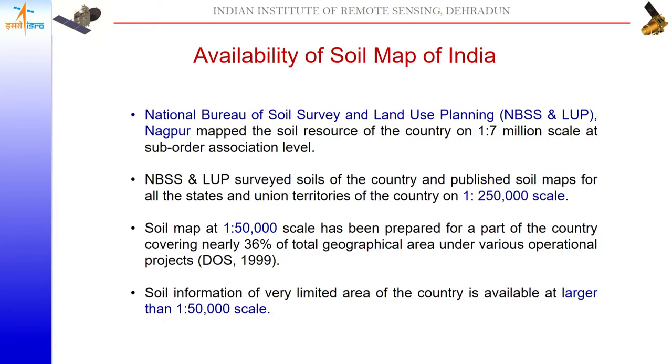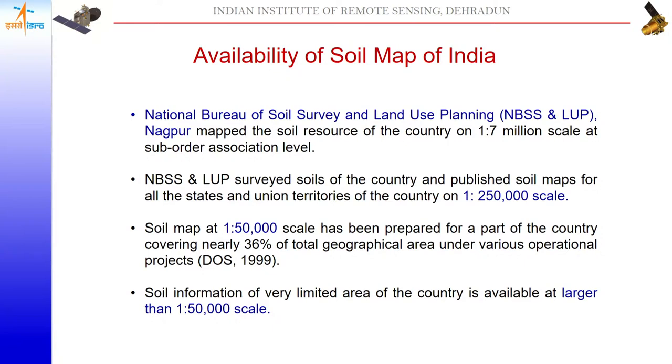The reports are available. But if you go to the larger scale soil map at 1:50,000 scale for the entire country, it is not available. Around 36% of our country has been covered by mapping at 1:50,000 scale. And the third scale, larger than 1:50,000, you can say 1:20,000 or 1:10,000, is detailed scale, for a very limited area.